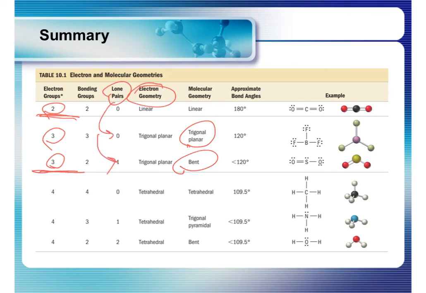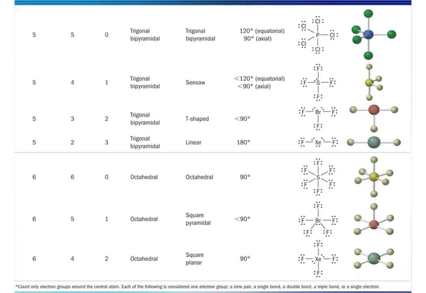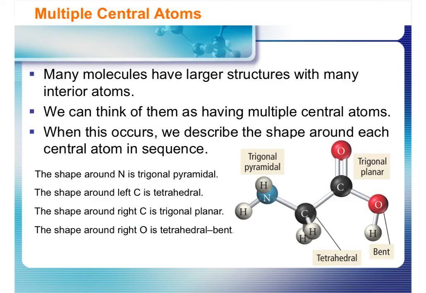Okay? And so I think it'd be really worthwhile at least downloading this chart or Googling another chart for electron domain shapes. Here's the rest of it. Okay. So again, if you have 5 domains and then varying numbers of lone pairs and then finally 6 domains. Alrighty.